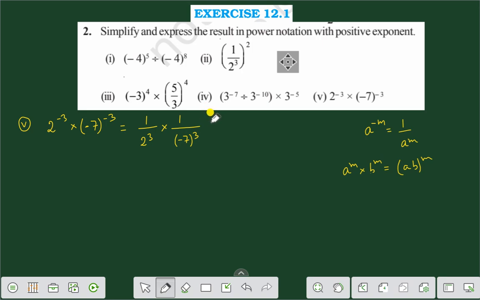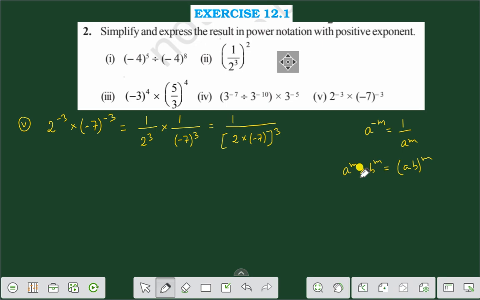Therefore, you can write here 1 by, in the bracket, (2 into -7) to the power 3. We'll use this formula a^m into b^m equal to (ab)^m, right?